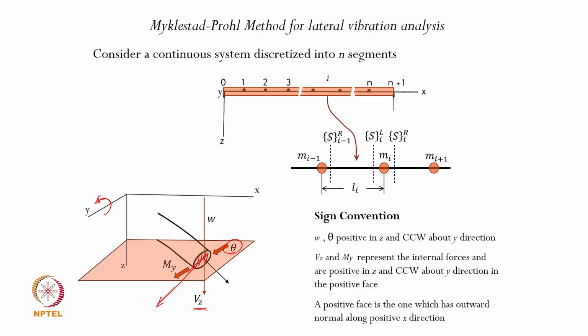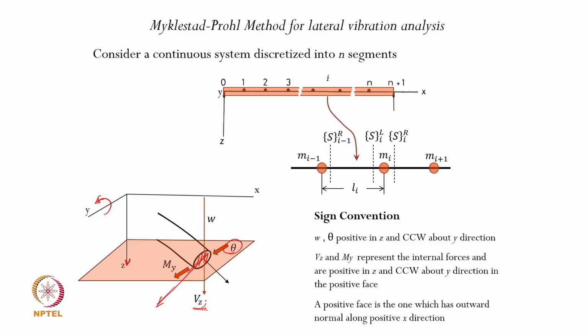Now the sign convention is important. So we follow this sign convention that deflection is positive along the positive direction of the z axis. The slope is positive in the counterclockwise direction about the y direction.